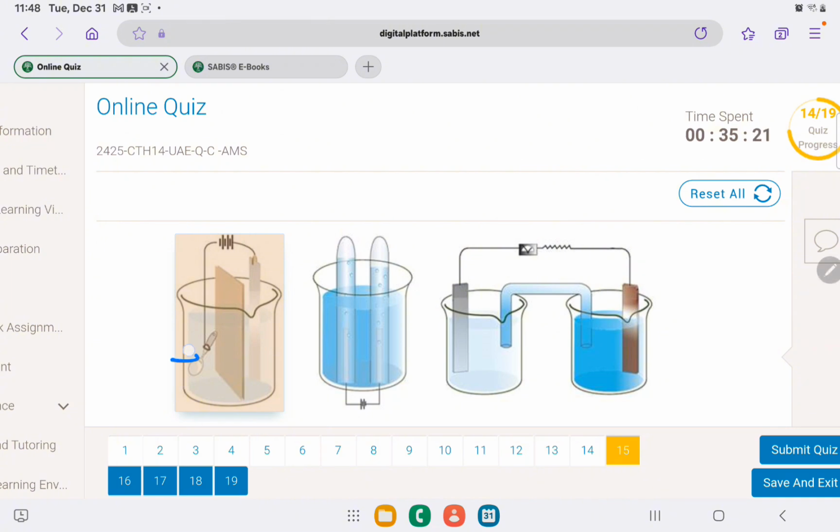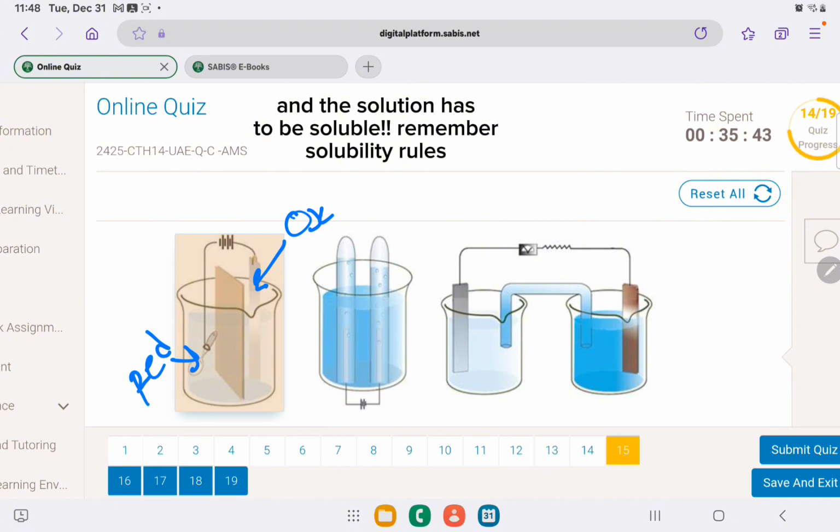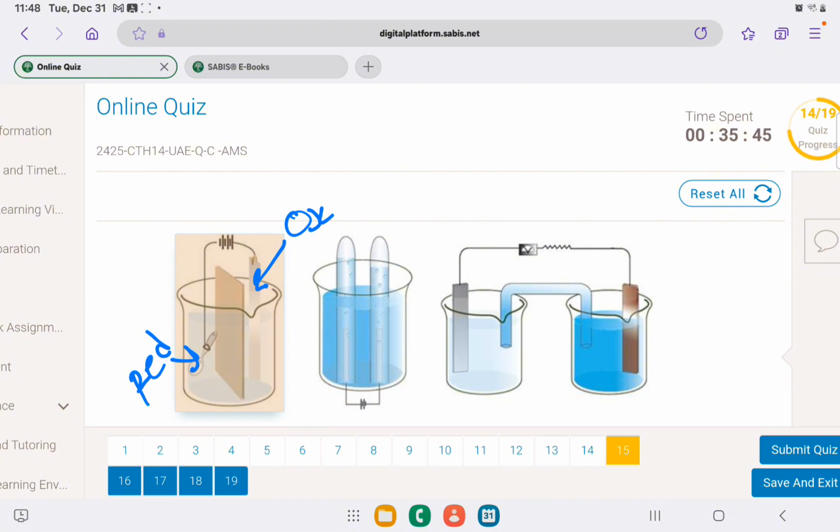So on the spoon we're going to have reduction. And on the metal that you're trying to add as a layer on the spoon, we're going to have oxidation. The solution has to be any solution with the metal that you're trying to coat the spoon with. And it doesn't have to be spoons, it could be jewelry, forks, or whatever.